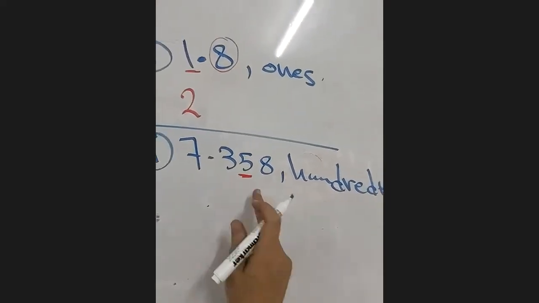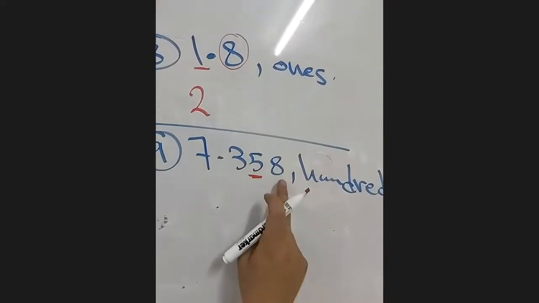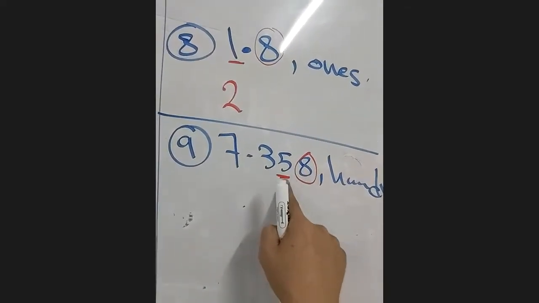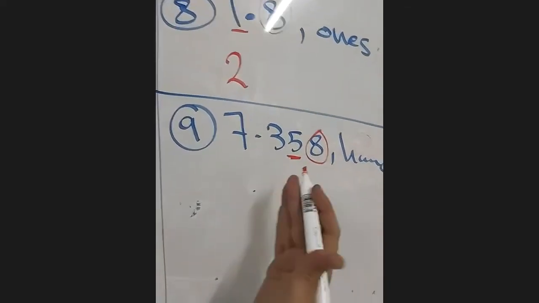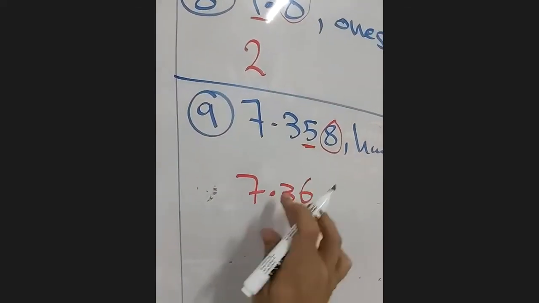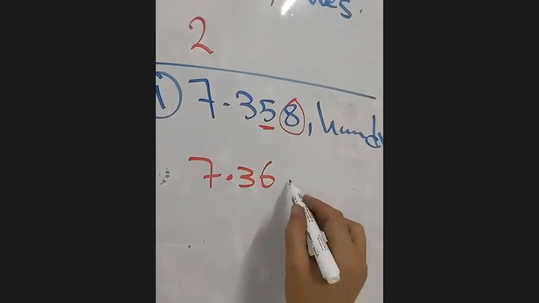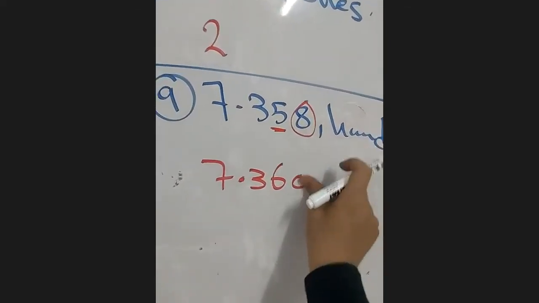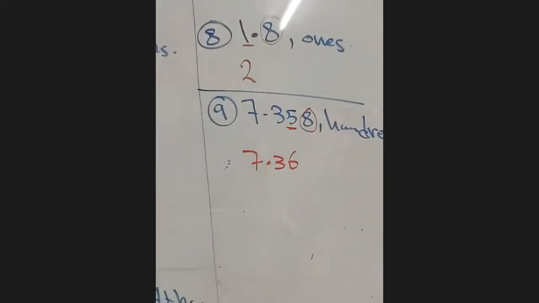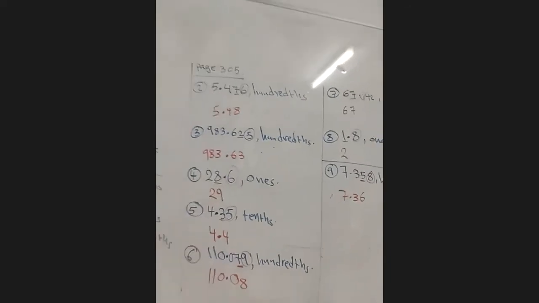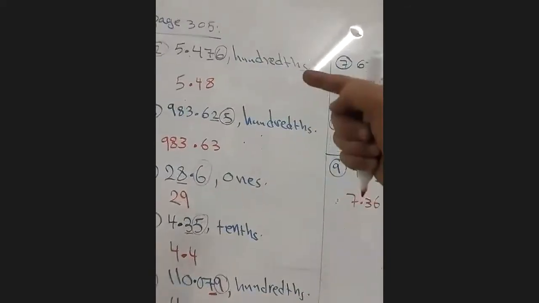Now, I'll take a look at the number after it, which is 8. If we have 8, we add 1 to the 5. The 5 will be 6. The previous numbers will be the same. Don't forget the decimal. The next numbers will be 0, and no need to write it. So the answer is 7.36.